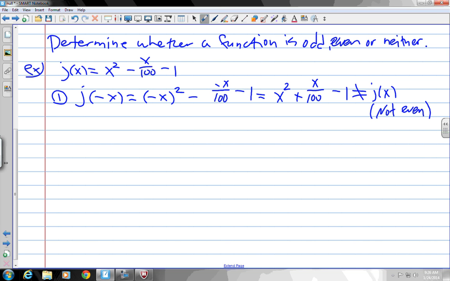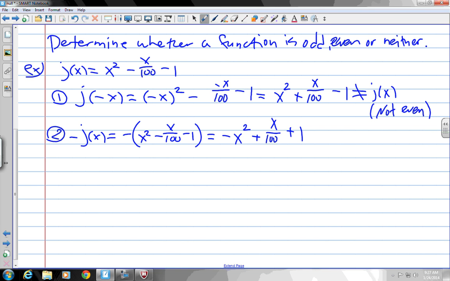So it could still be odd, so let's try computing negative j of x and see whether this is the same as j of negative x. All I have to do is change every sign in my original function, so it becomes negative x squared plus x over 100 plus 1. Is that the same as what we got above?